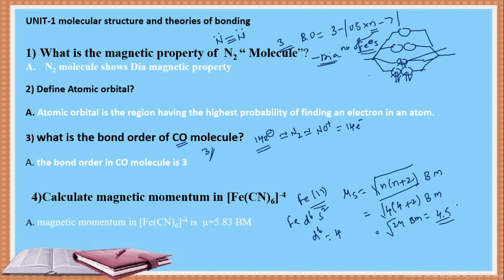So the magnetic moment is approximately 4.9 Bohr magneton, students, not 5.93 as for [Fe(CN)6] to the power of minus 3. Please use the formula and you can calculate the magnetic moment of various metal complexes.